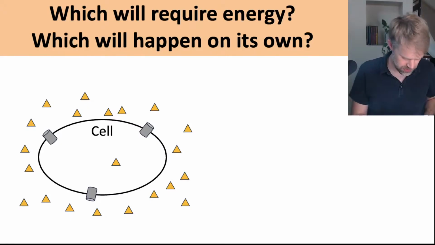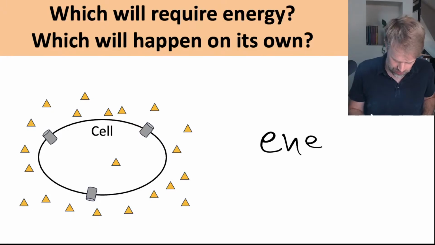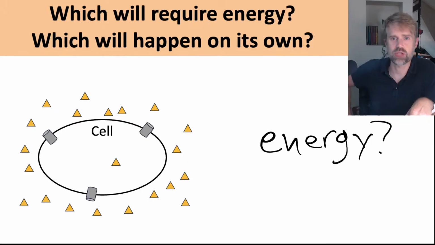So let's think about this. Which is going to require energy? Think about that. You can put your answers in the chat. Is it going to be into the cell or out of the cell?